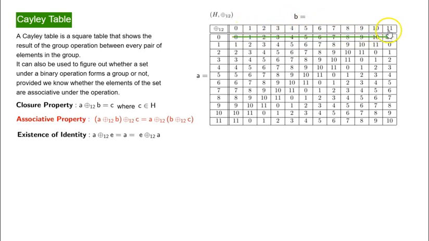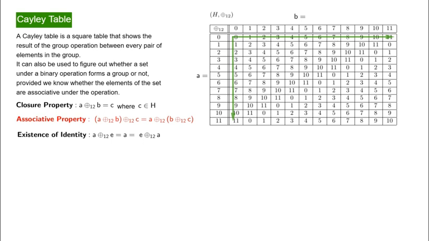All these values are being repeated here. That means E, which is 0 in this case, addition modulo 12 A, any of these, is A itself. Similarly, any of these addition modulo 12 0 gives the number itself. So that shows existence of identity.